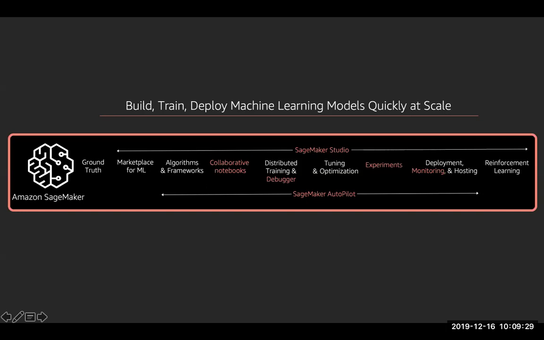With Studio, we now have an integrated IDE environment where you can start experimenting. You can use the collaborative notebooks, start building and training your models, and use the Debugger to see and record what's happening throughout the training runs.